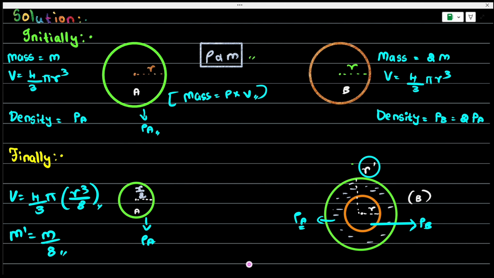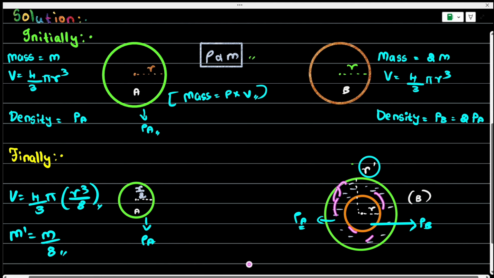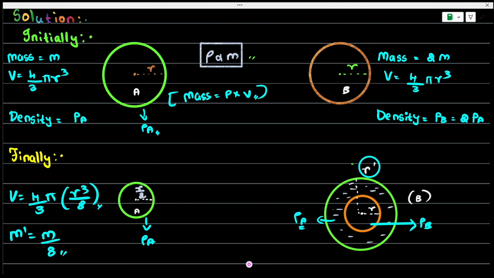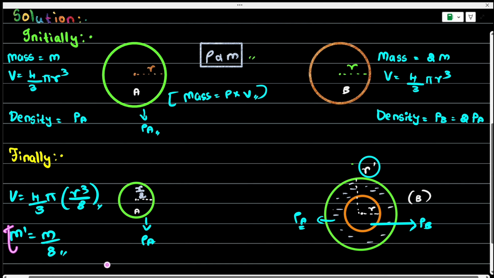Now finally they have said that due to the interaction process, star A loses some of its mass so that star B gains it as an outer shell or layer. Because of losing the mass, the radius of star A reduces to r by 2, so that the volume changes to V is equal to 4 by 3 pi into r cube by 8. The new mass of star A is m by 8.